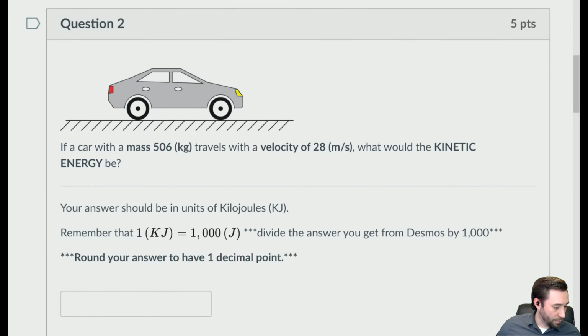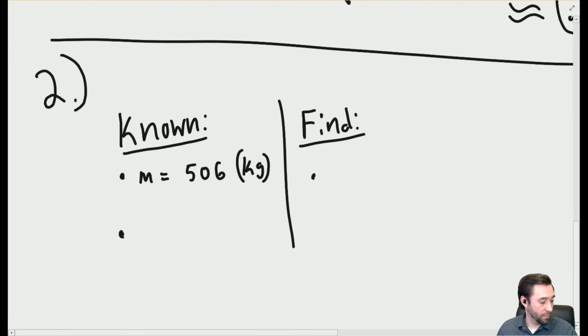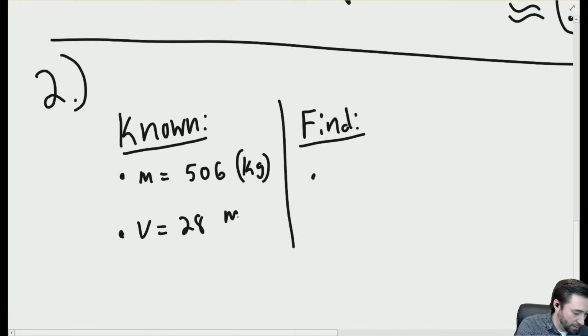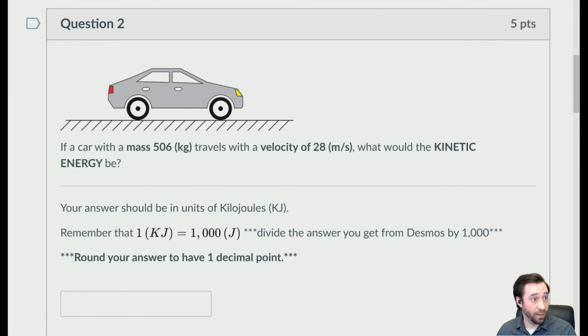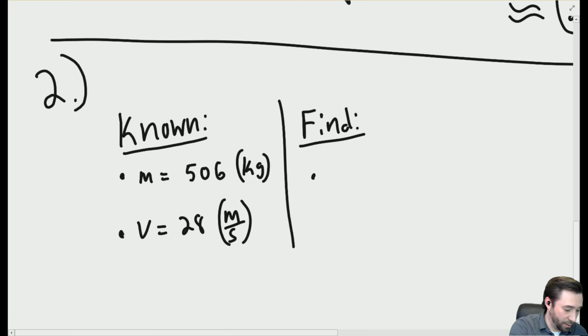So we have the mass, and then velocity is 28 meters per second. So velocity is 28 meters over seconds. And then it's asking us to find kinetic energy. So that's going to be a capital K. And I put the little bars on it to represent that it's kinetic energy.